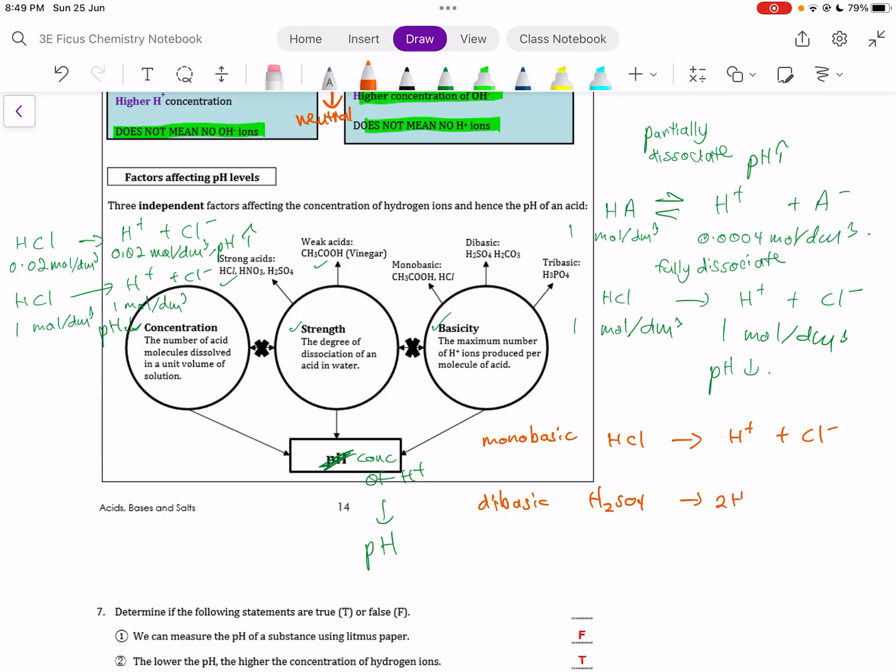So you get 2 H plus down here. Remember, mole per dm cube is the unit for concentration. If I have 1 mole per dm cube of sulfuric acid, the concentration of H plus will be 2 mole per dm cube. So of course I expect the pH to be lower, because of the higher concentration of H plus. That's how basicity can affect pH as well.